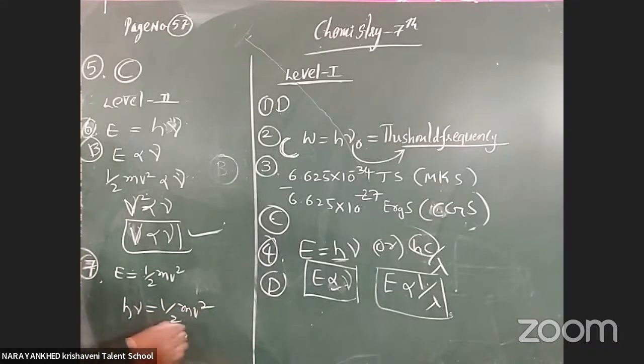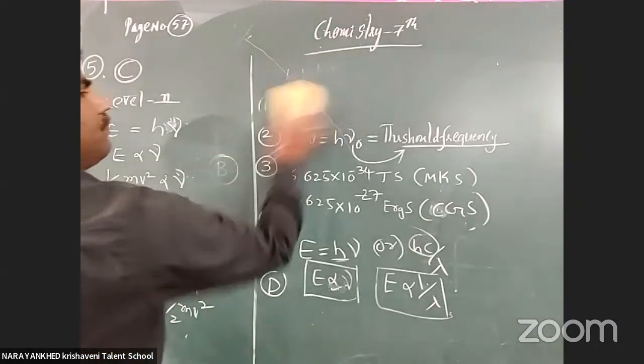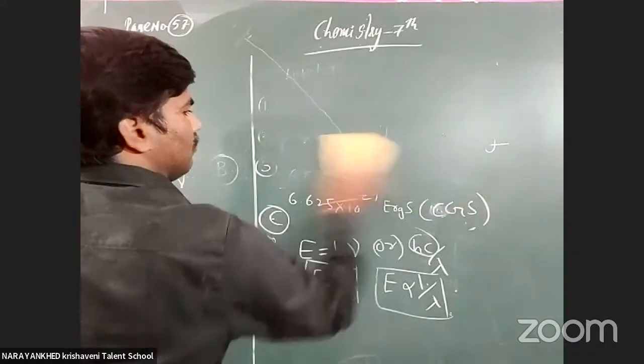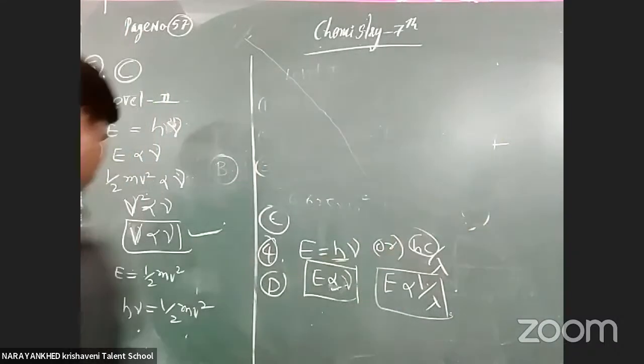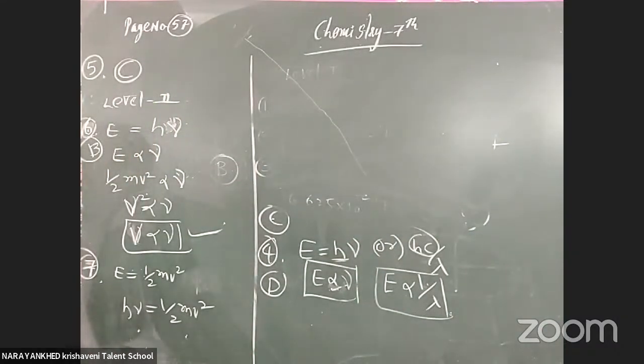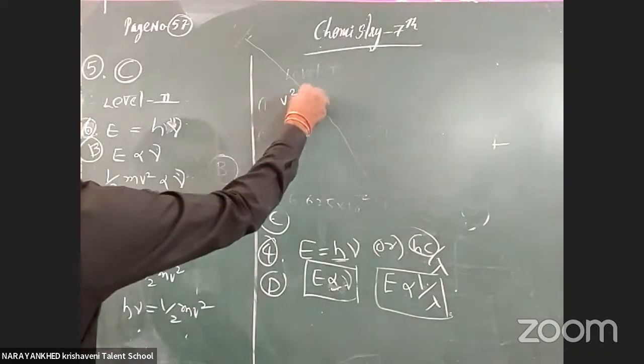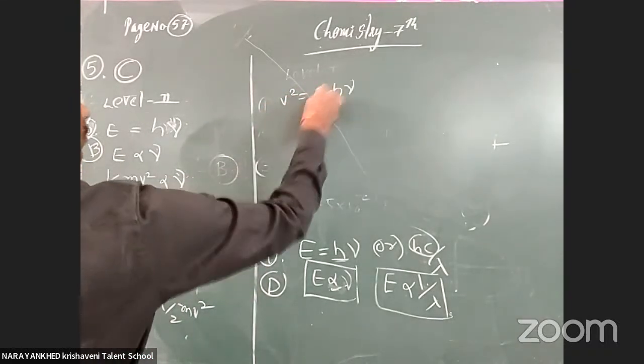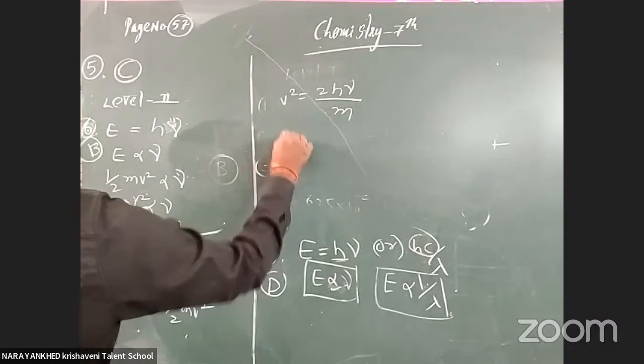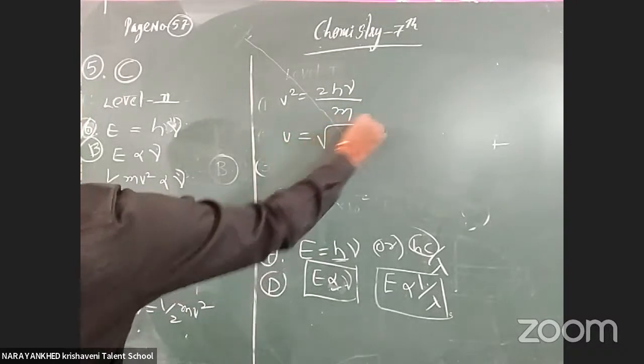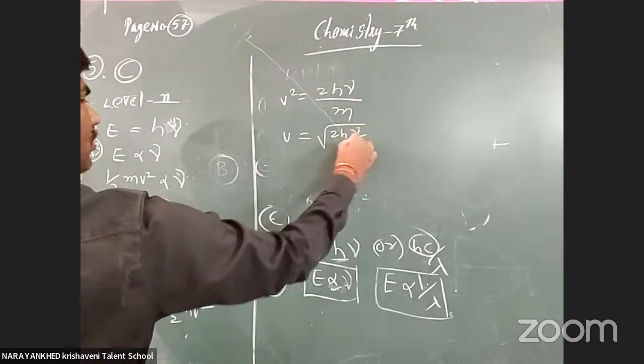The same thing we consider here. Now here v square is equal to 2h nu by m. Clear or not? V is equal to the square root of 2h nu by m.